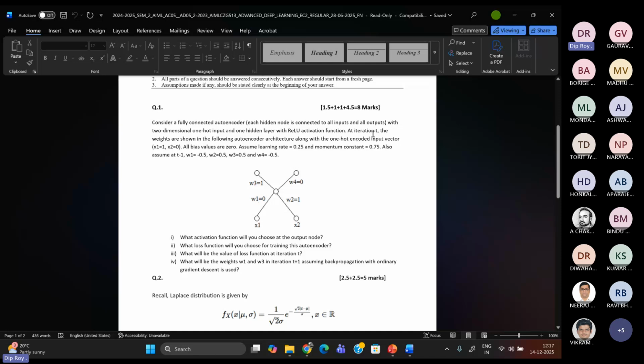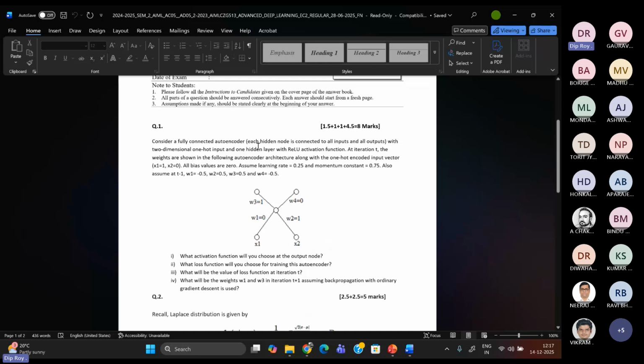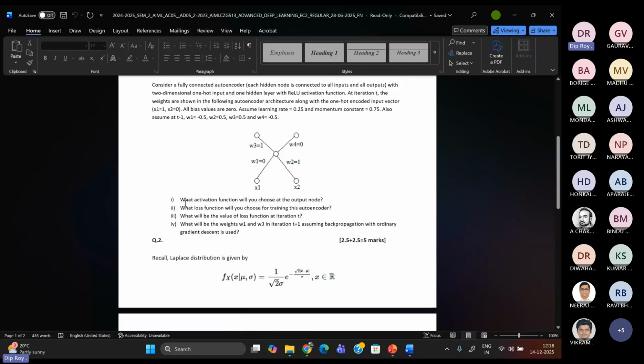At iteration t, the weights are shown in the architecture along with the one hot encoded input vector. All biases are zero. So the question is, what activation function would you choose at the output node? The activation function that we usually choose at the output node is softmax.